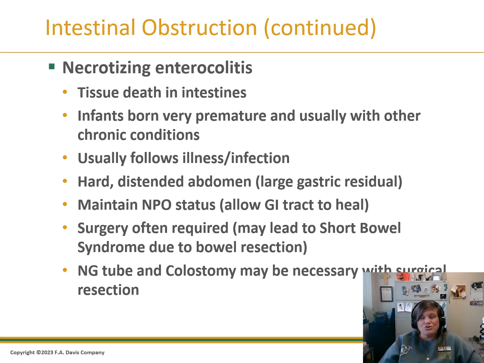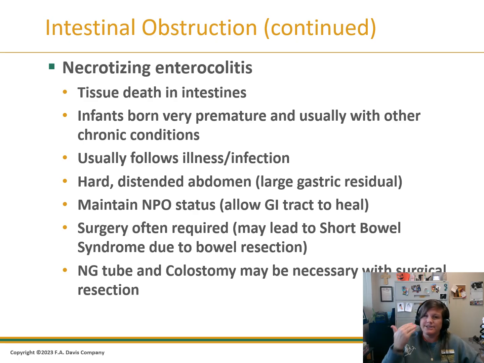When you check a residual on them, you're going to that tube port and attaching usually a 60 cc syringe that's currently closed, and you're pulling back to see how much residual remains in the abdomen from the last time the baby was fed.